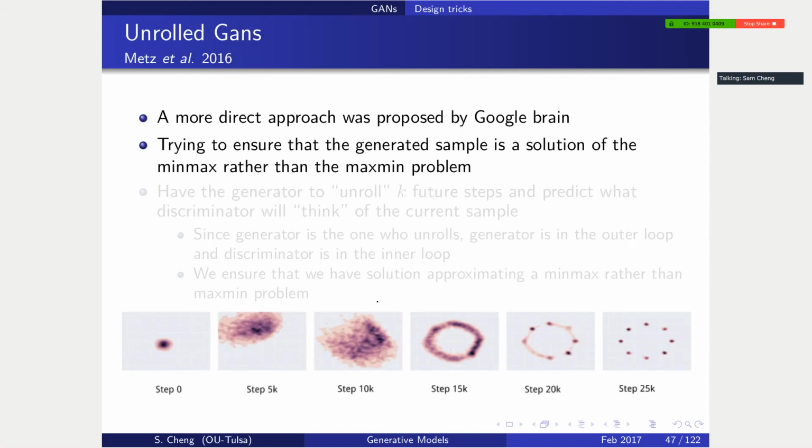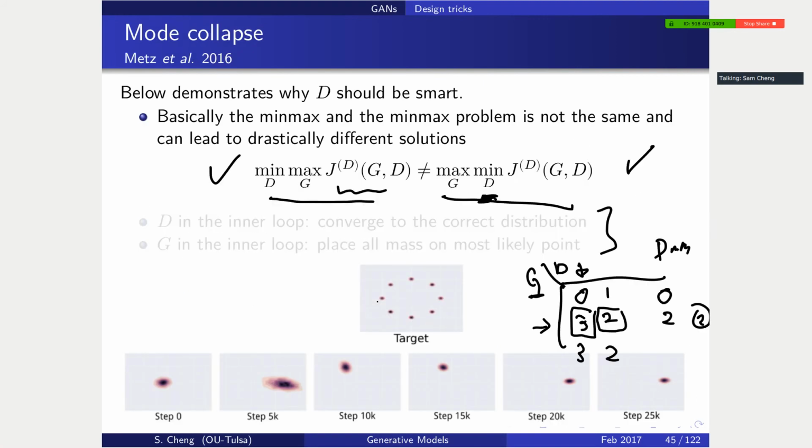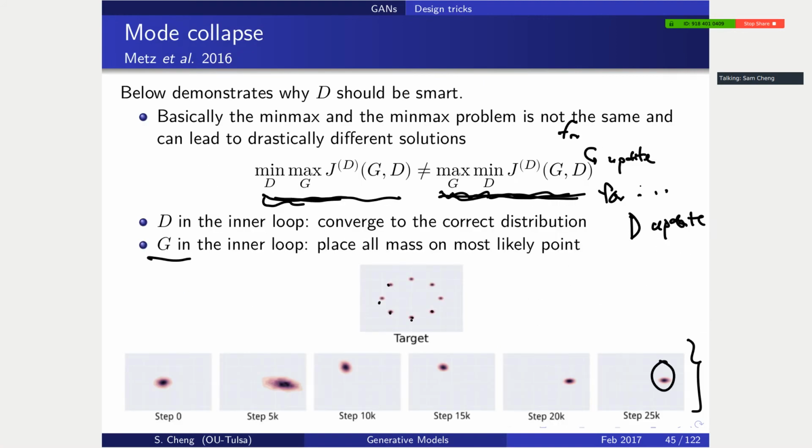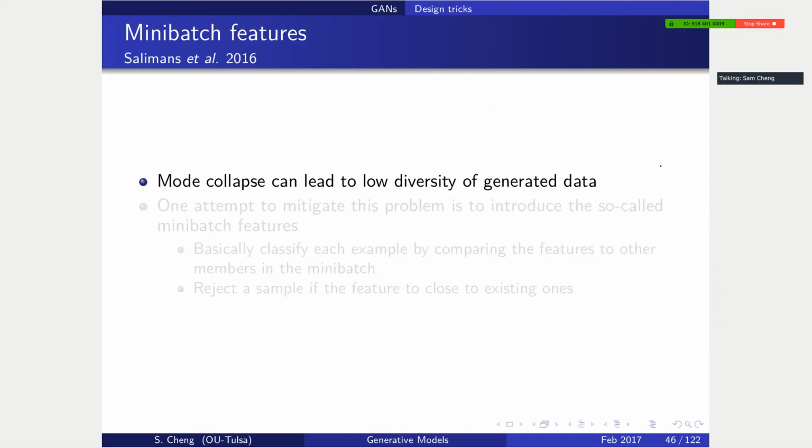And of course, a more direct way will be, as we said, to make the D step a bit smarter. That is exactly making D the inner loop. Actually, this is exactly what I'm drawing here. We're going to make D in the inner loop. For example, each time we update D k times, and for every k discriminator updates, we then update the generator once.